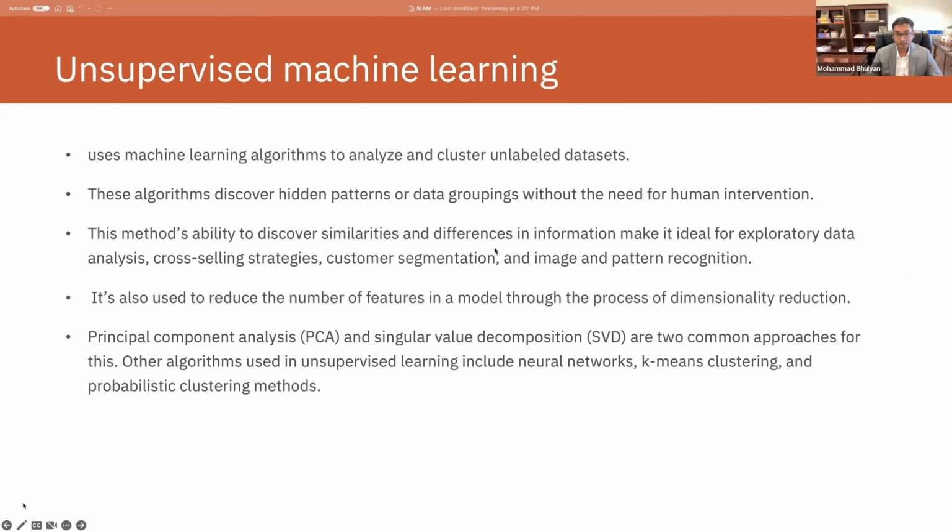Unsupervised machine learning. In unsupervised machine learning, we cluster and analyze unlabeled data sets. When we talk about unsupervised machine learning, we don't use any response or any predictors. We don't use any outcome.